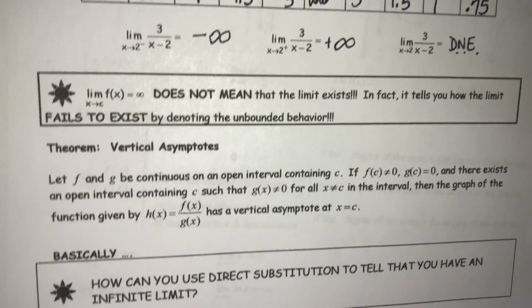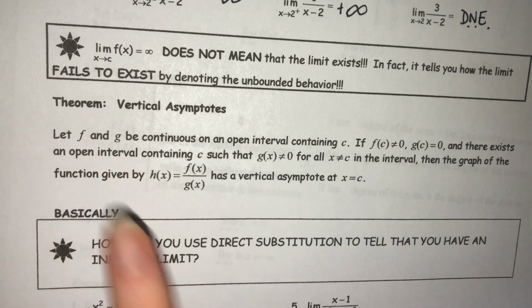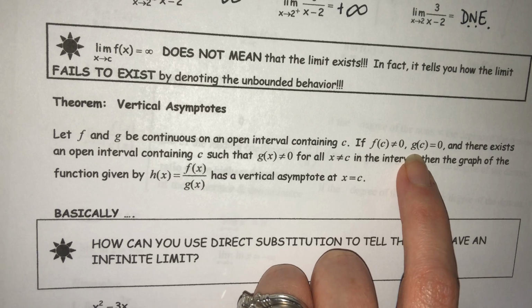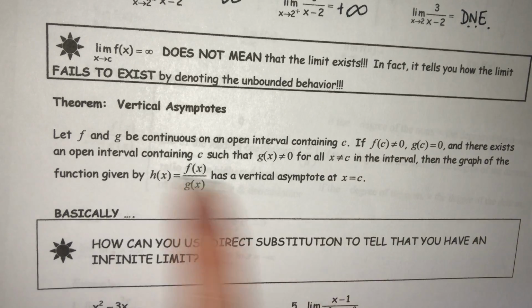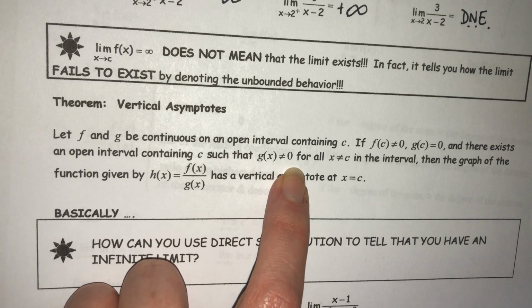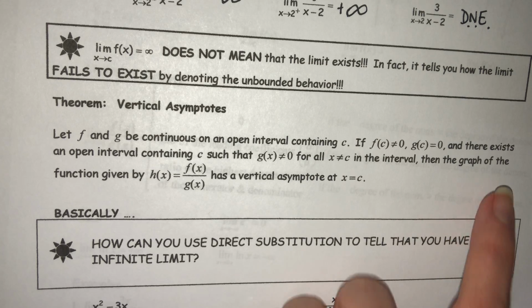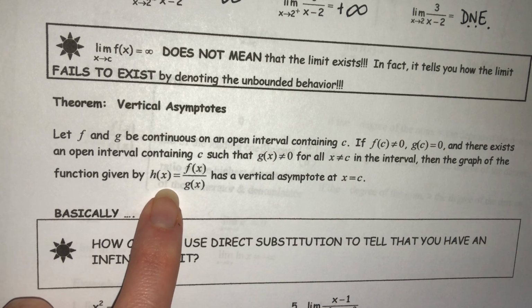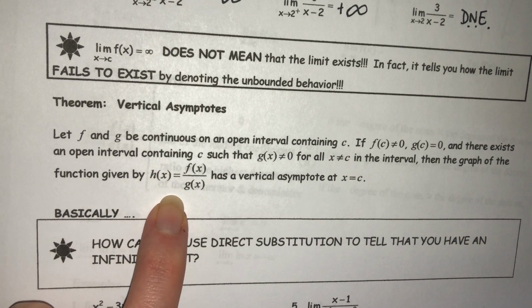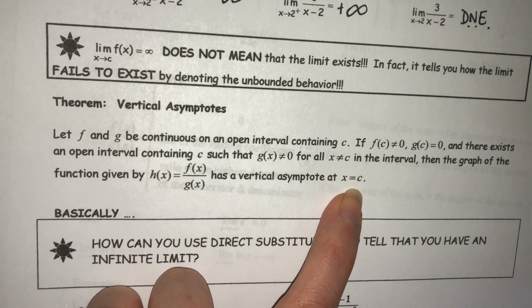All right, there's a theorem here. Vertical asymptotes. Let f and g be continuous on an open interval containing c. If f of c does not equal 0, g of c equals 0, and there exists an open interval containing c such that g of x does not equal 0 for all x values not equal to c in the interval, then the graph of the function given by h of x equals f of x divided by g of x has a vertical asymptote at x equals c.